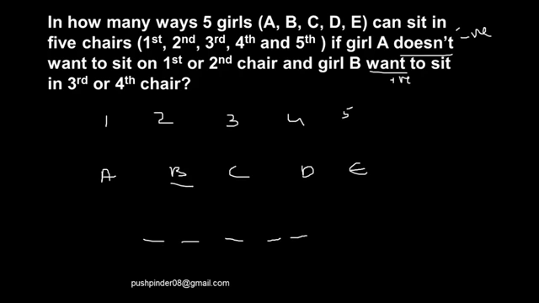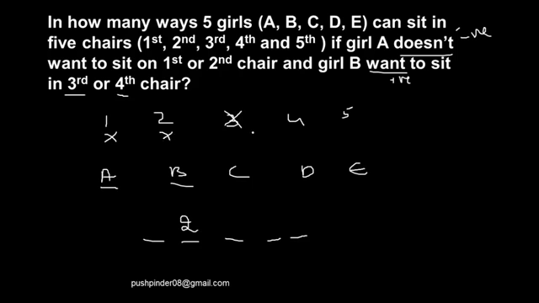Now how many ways can you make girl B sit? She can sit on the third chair or on the fourth chair, so there are two ways in which girl B can sit. Now let's suppose she sits on the third chair. So the third chair is already gone, right? Girl A does not want to sit on the first chair or the second chair.